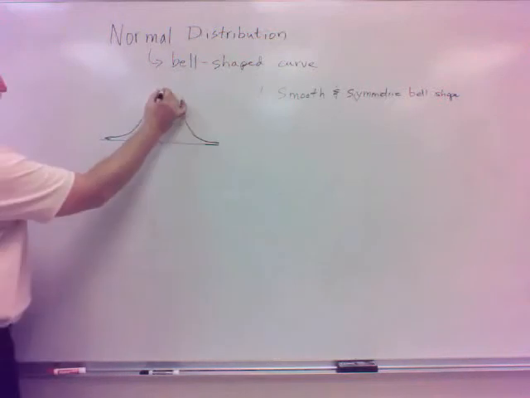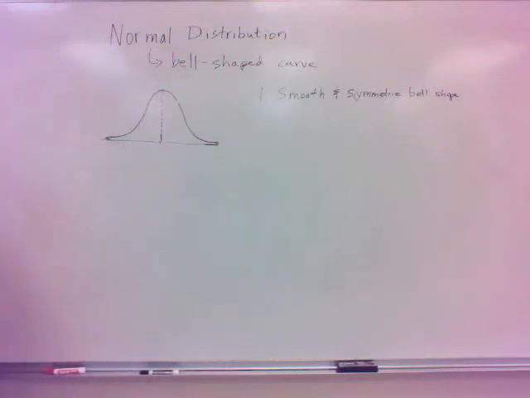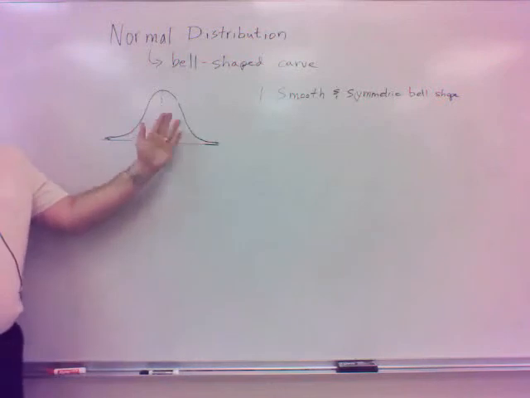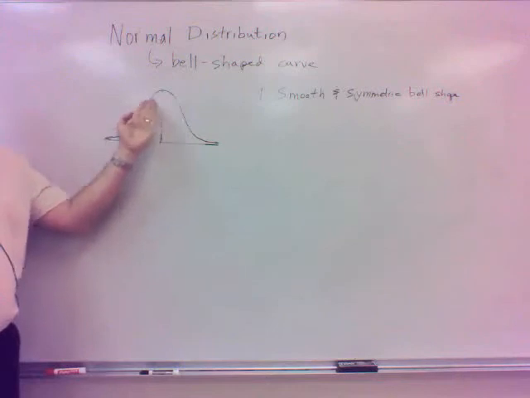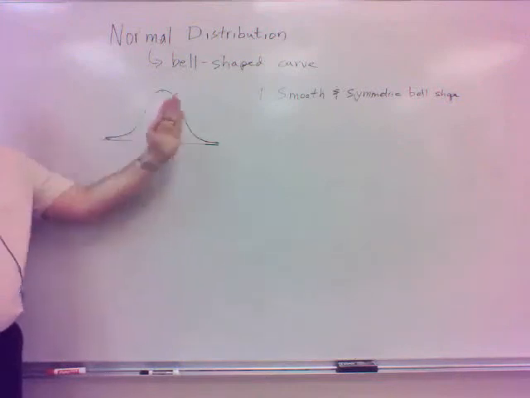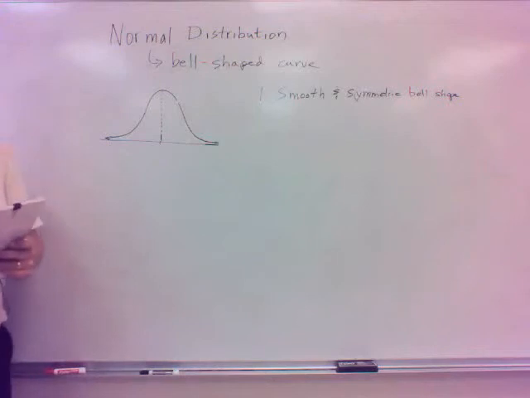So if I draw a line down the middle, what this is saying is that they're the same on either side. This side is the mirror image of this side, and vice versa. So it's the same on either side. Okay? I'll speak more about that in just a second.